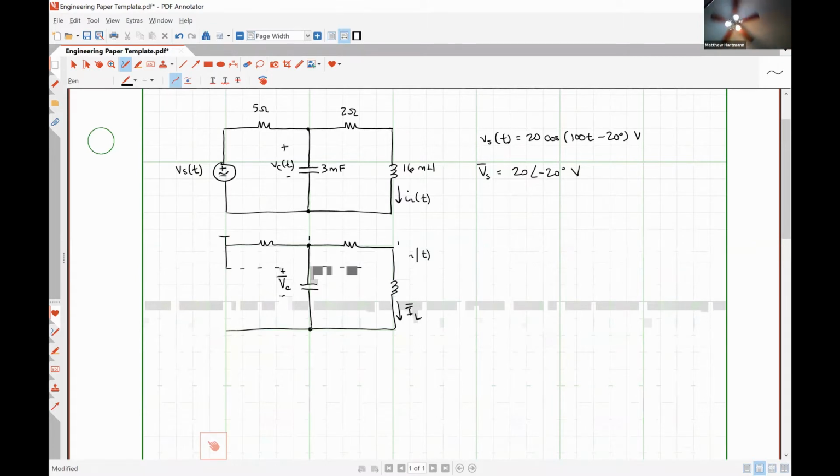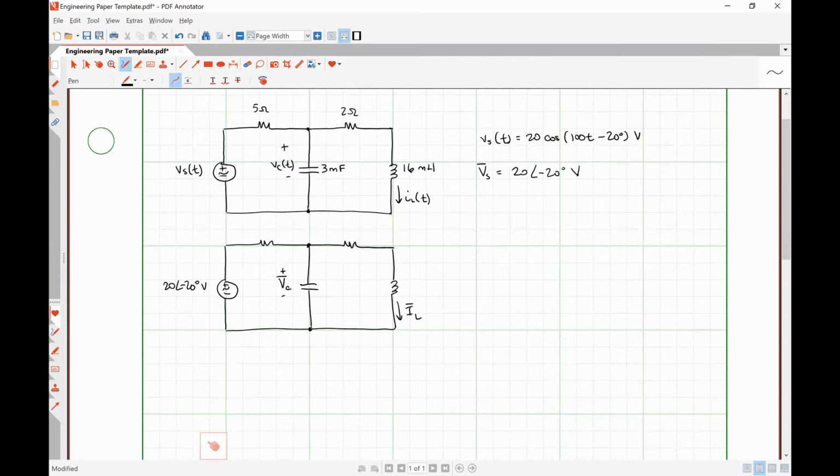So now I need to figure out what the impedance of everything is going to be. So what's the impedance of a resistor? You just leave it as is. Right. So nothing wild or crazy there. And then the impedance of a capacitor, 1 over j omega C. So that would be 1 divided by j, what's omega? 100. 100 radians per second.